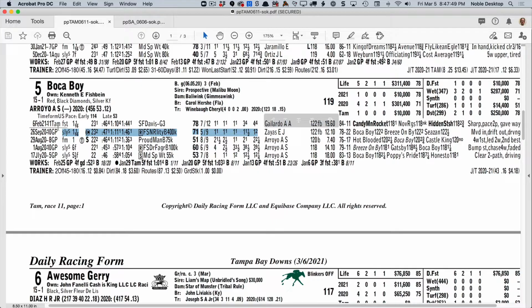However, the one thing that he does have going for him, he did run a 78 in his last race against this competition. And there's reason to think that he might improve off that race, and that reason is he was coming off a layoff. And you can see that it tells you the date of the last 2 races that he ran. He last ran on February 6th, but the race before that was 5 months before, in September.